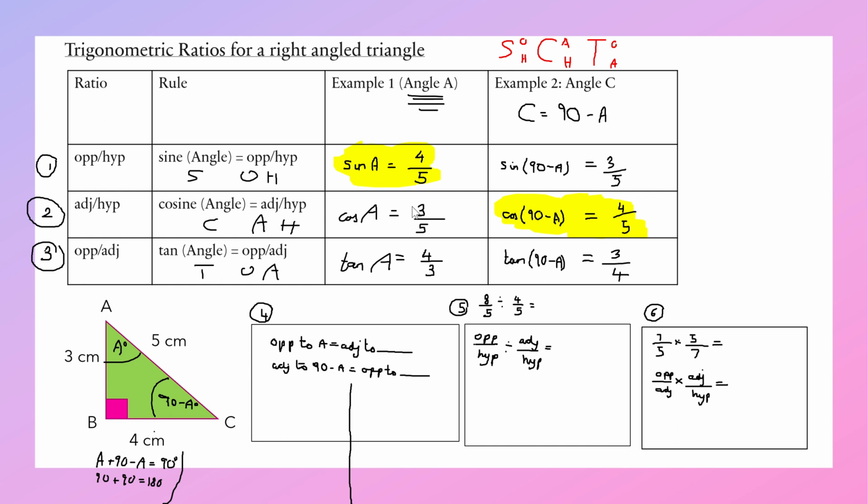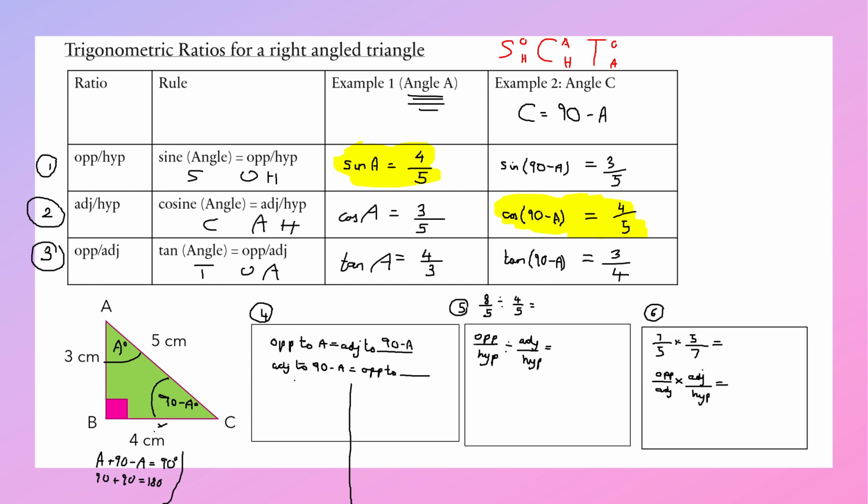This is going to give me some additional rules. There we go. So if we think about it, opposite to A is 4, but that's also adjacent. This 4 is adjacent to 90 minus A. Okay?